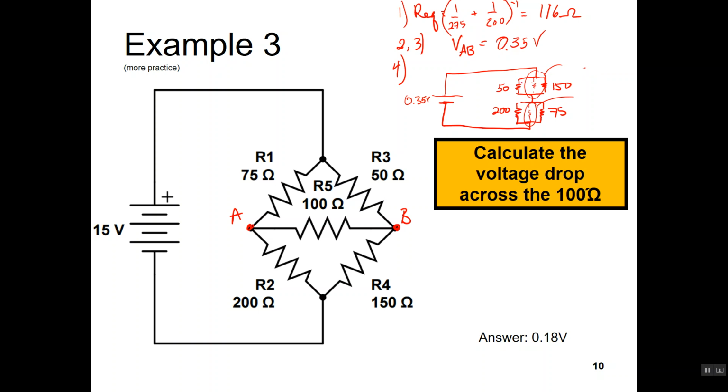I think you made a mistake there because it can't be higher than 50. 37. Oh, I see. Okay. Okay, very good. Step 5, put the other resistor in series.